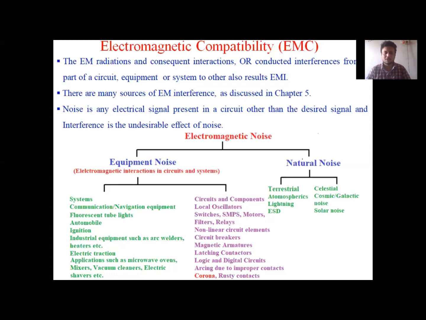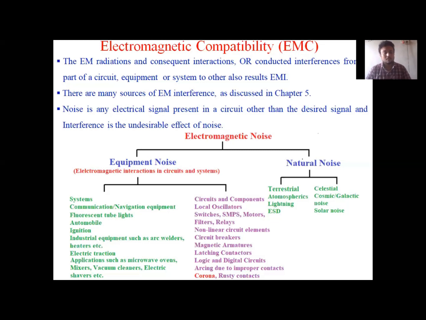What is noise? As I have mentioned, it is an unwanted, undesired signal that may disturb the performance of the device. So when I'm talking about a wired system or any equipment which generally consists of conductors, when a current is flowing through a conductor, what happens? Electric field and magnetic field will be produced by the conductor. Ideally speaking, the conductor should not produce any electric field and magnetic field.